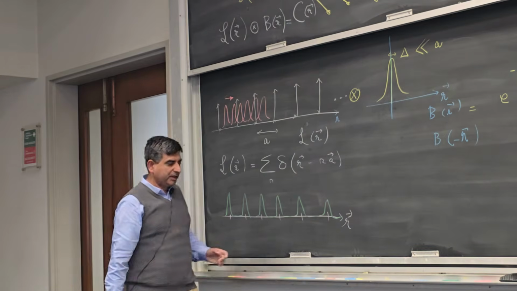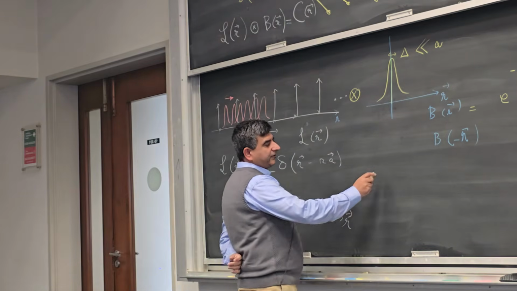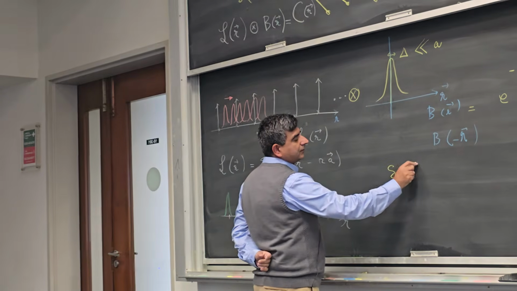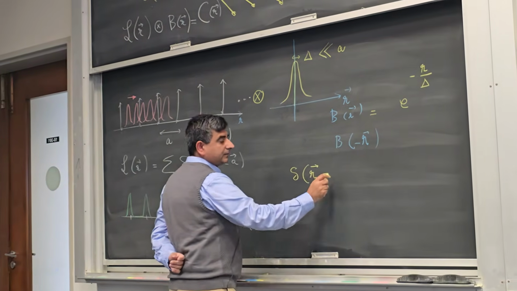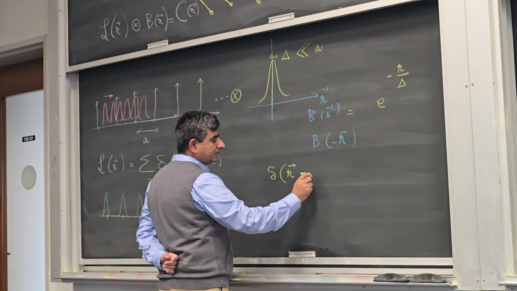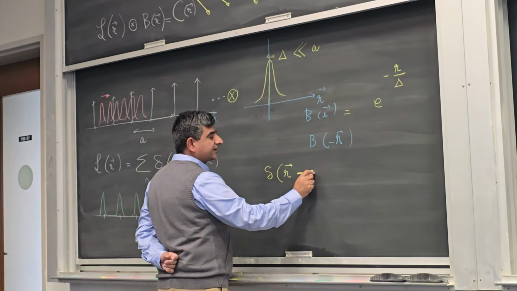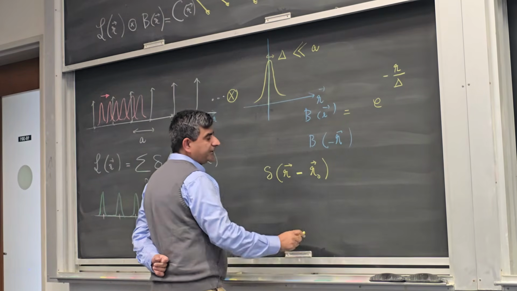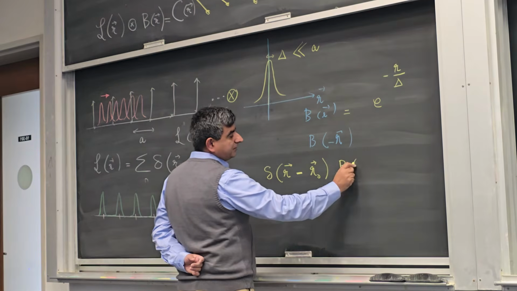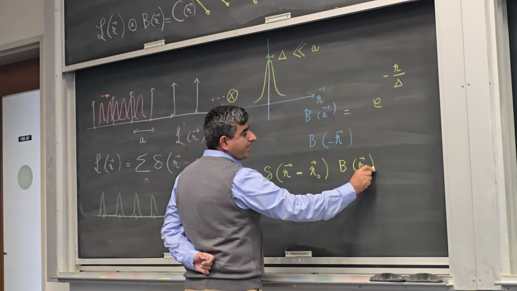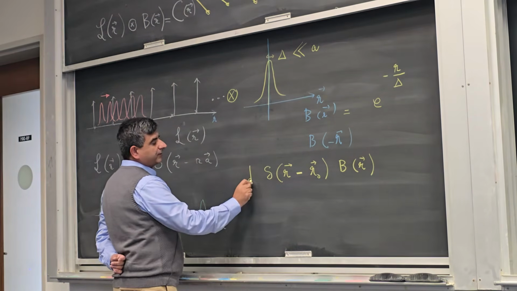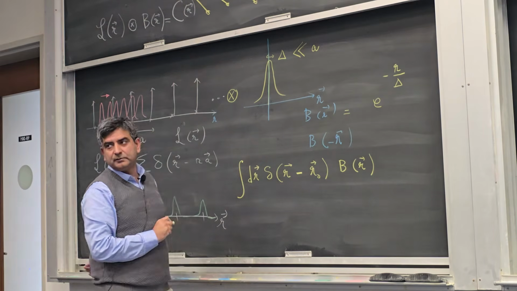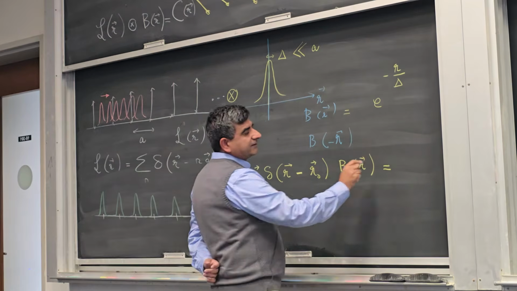So do keep in mind that if I have a Dirac delta function at some R naught, and I multiply this with another function B and I integrate over R, what's the result of this integral?